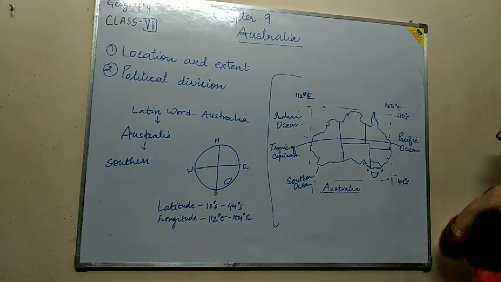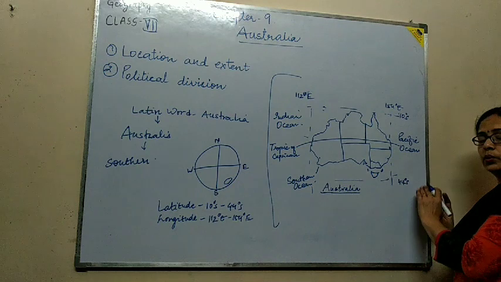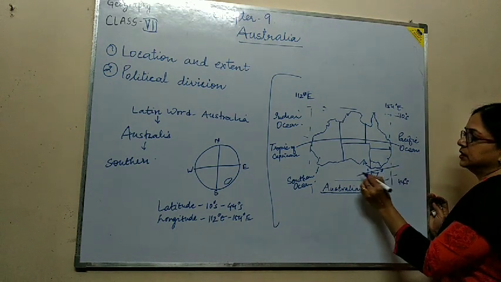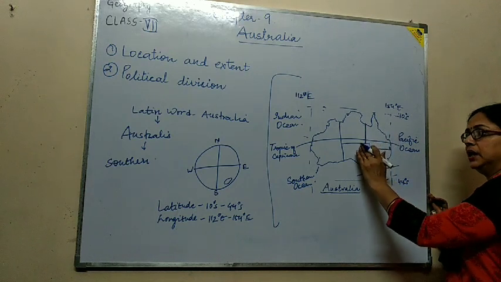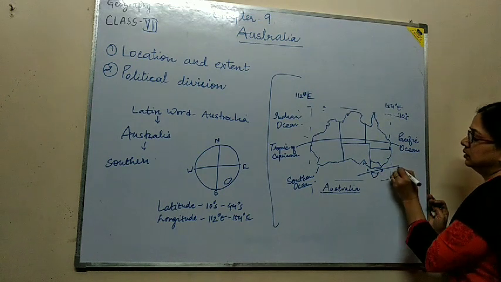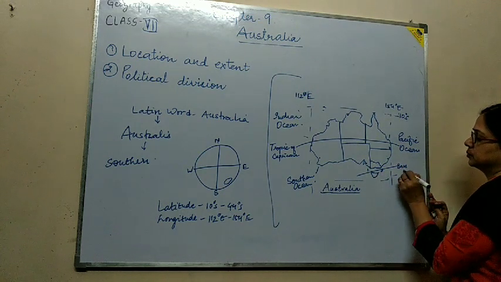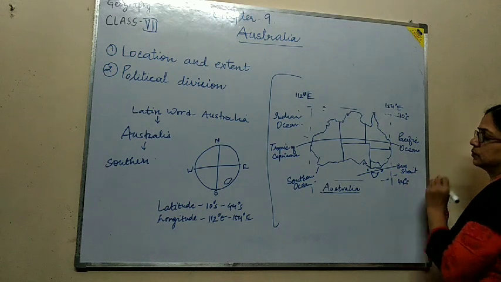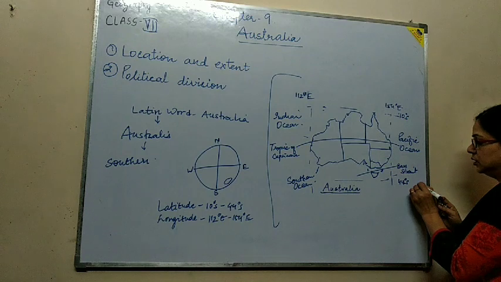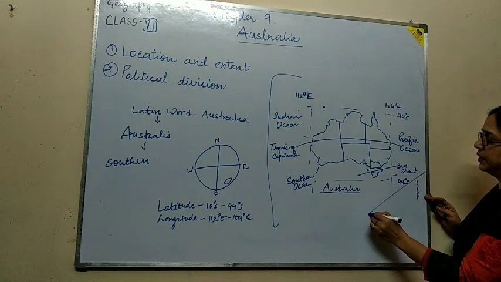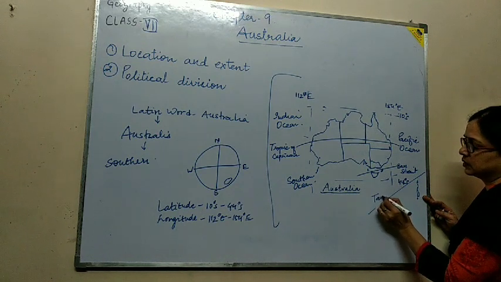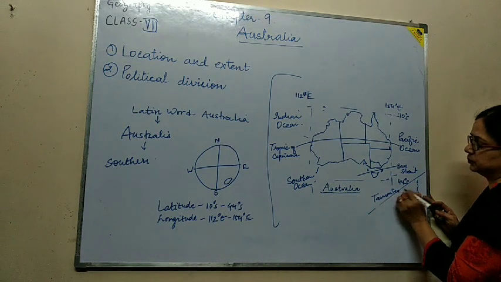Then in the south, towards the southeast, the Bass Strait is there, which separates the mainland from the island Tasmania. Again, the neighbor country New Zealand is separated from Australia by the Tasman Sea.